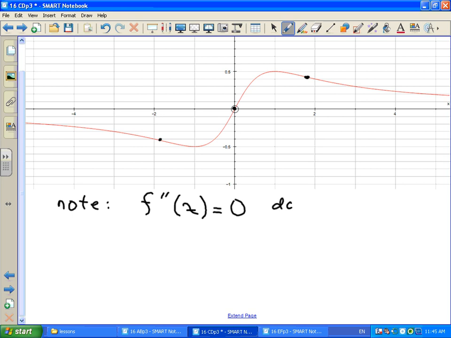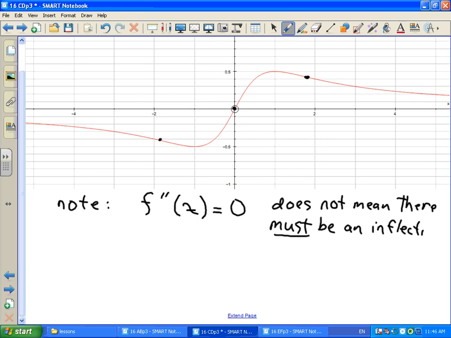Yeah, I'd say does not mean there must be an inflection point. It's just an indication that there's a possible inflection point there. Okay.